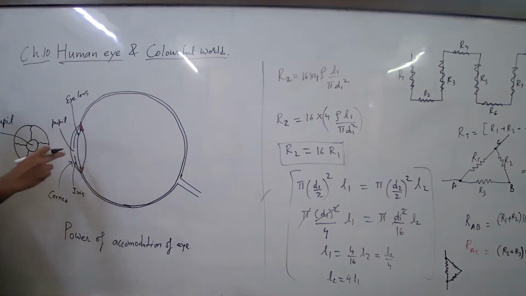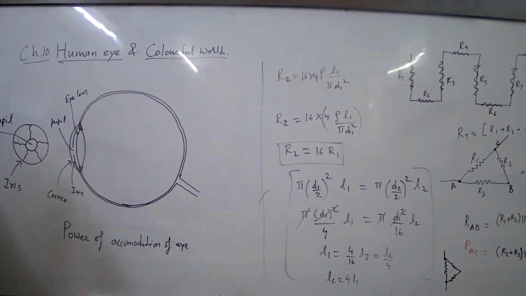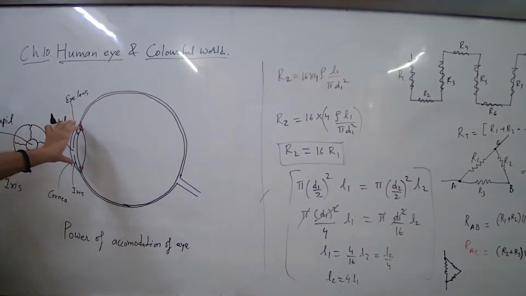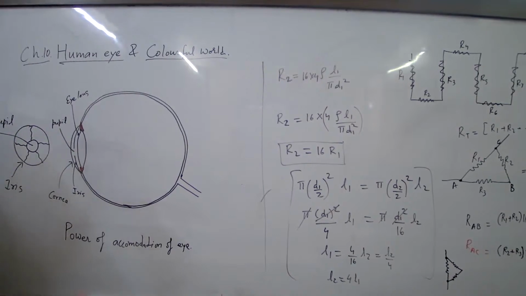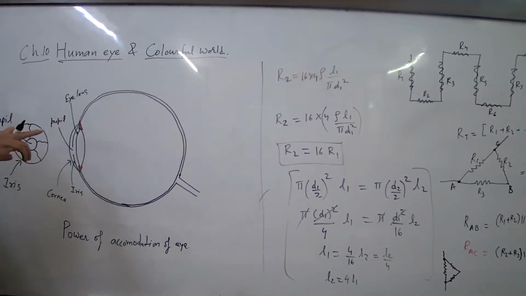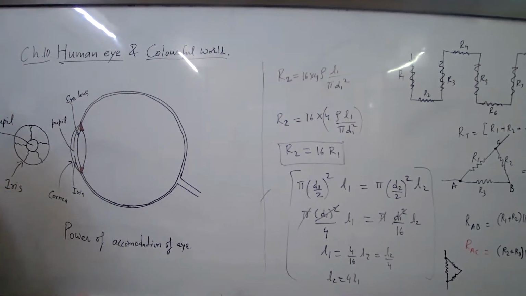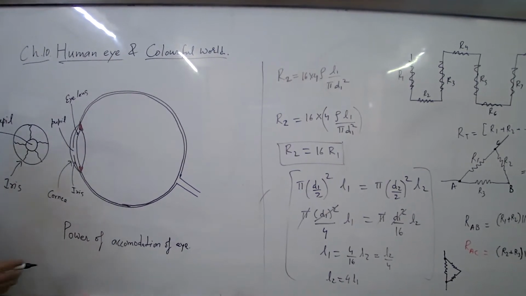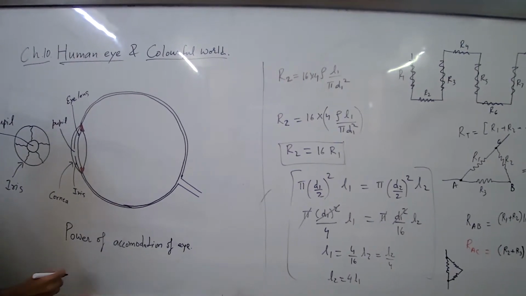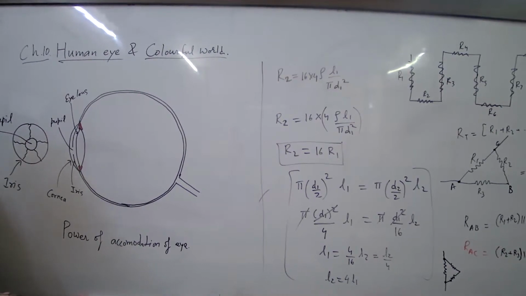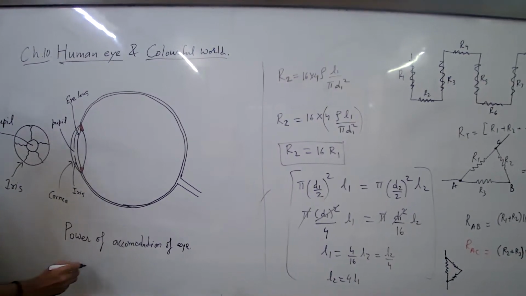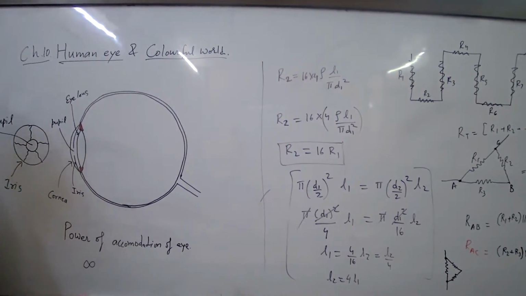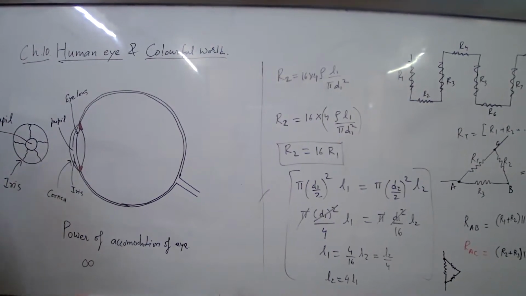So automatic adjustment of the focal length of the lens by contraction and relaxation of the ciliary muscle, depending upon the object position, is called power of accommodation of the eye. Understood? Now the farthest distance that an eye can see is infinity. This is called the far point.